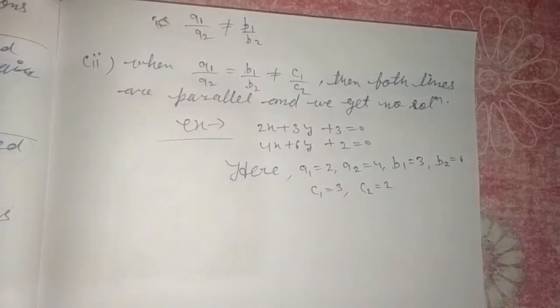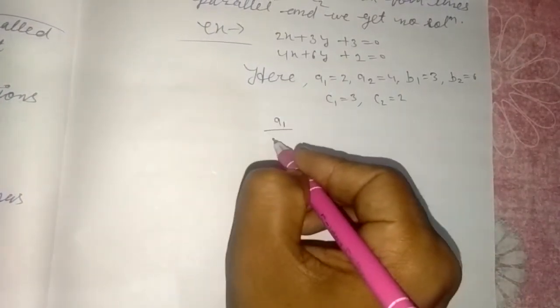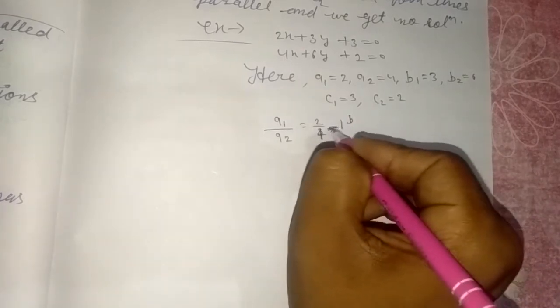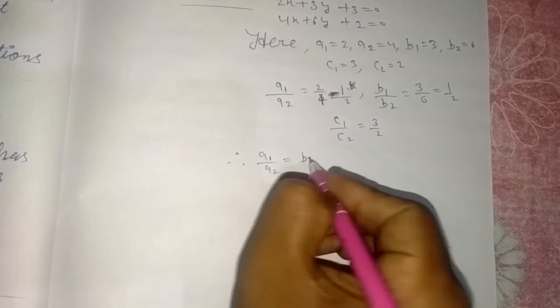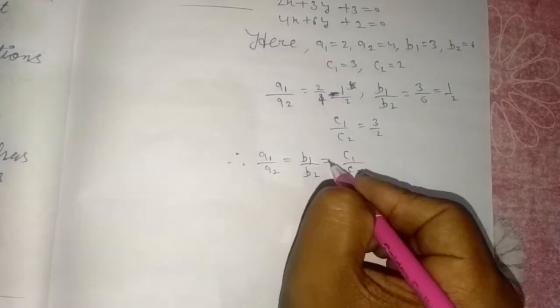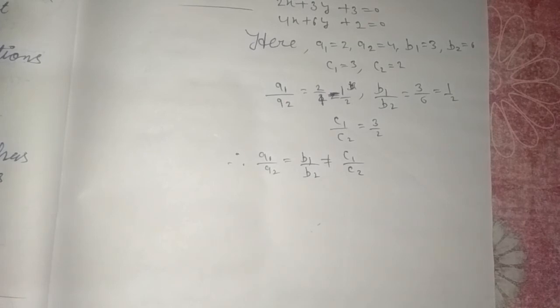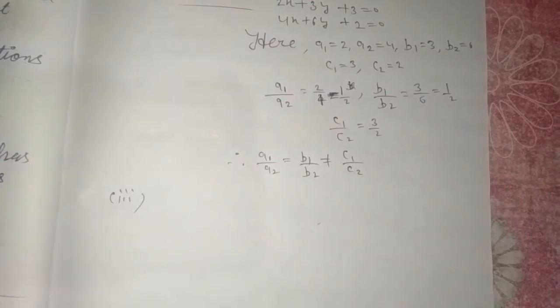So a1/a2 equals 2/4 means 1/2, b1/b2 equals 3/6 means 1/2, and c1/c2 equals 3/2. Here a1/a2 and b1/b2 are equal, but these are not equal to c1/c2.